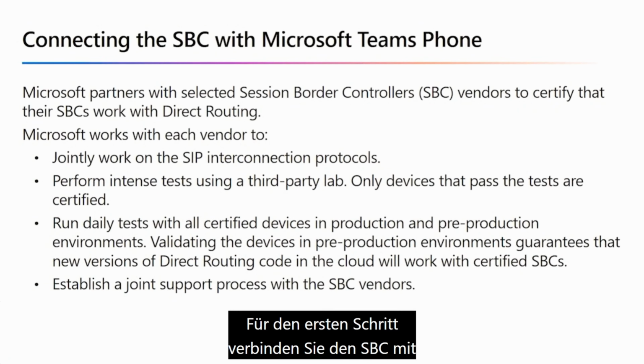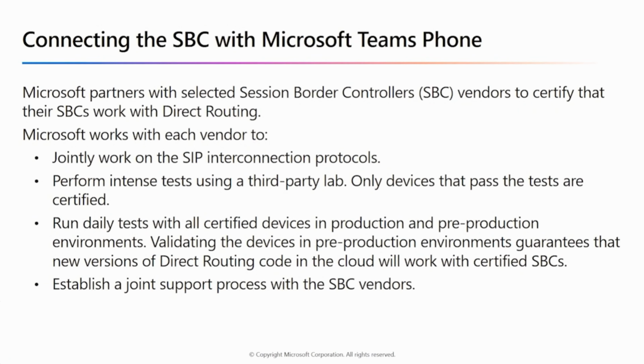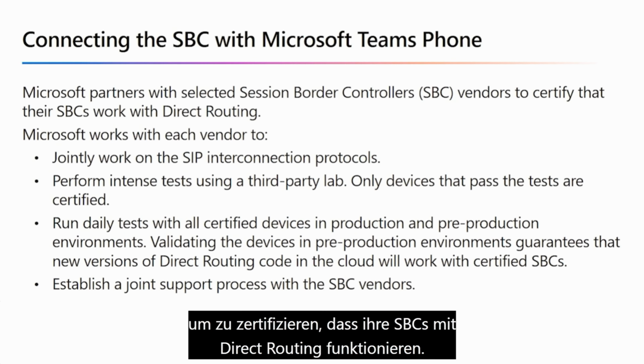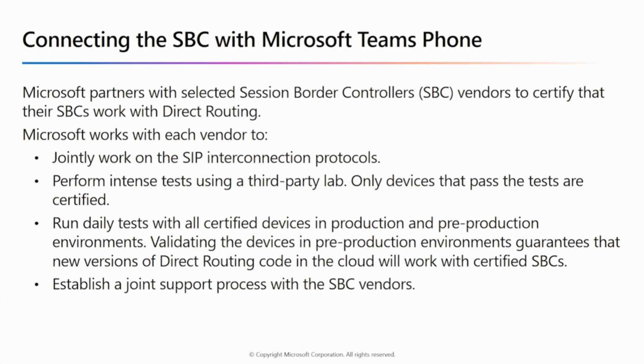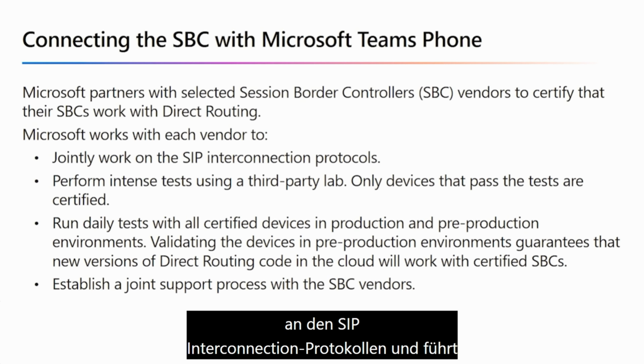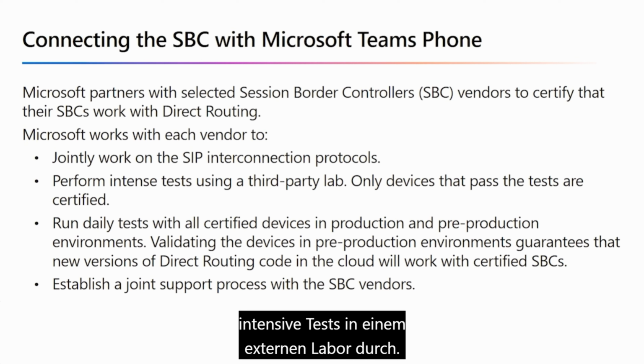For the first one, connect the SBC with Teams phone and validate the connection. Microsoft partners with selected session border controller vendors to certify that their SBCs work with direct routing. Microsoft works with each vendor to jointly work on the SIP interconnection protocols and perform intense tests using a third-party lab.